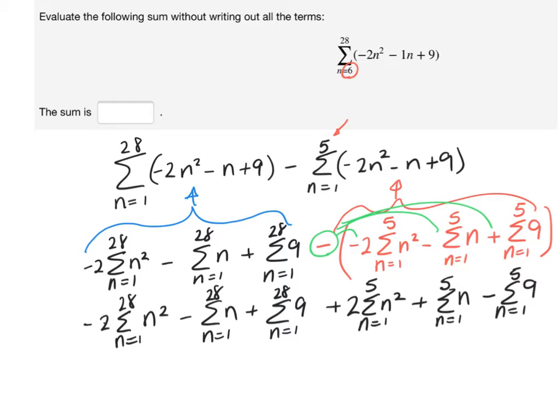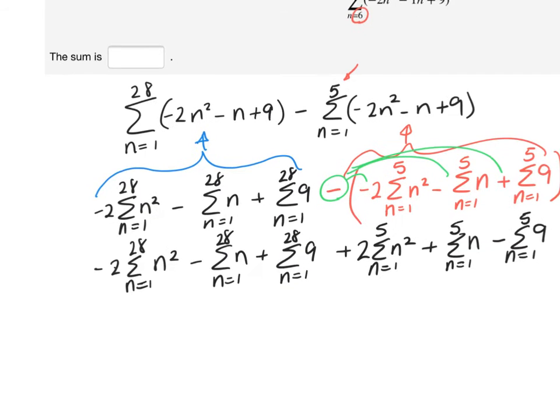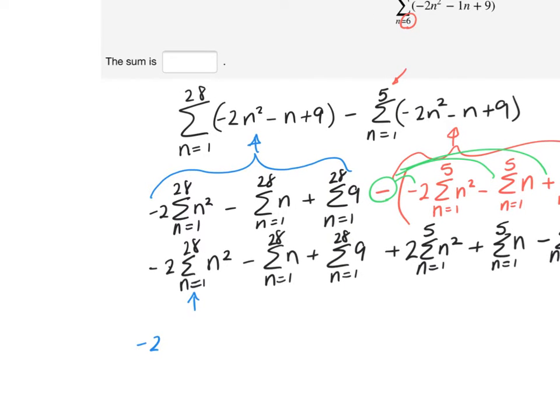And then I can use those summation formulas and put in 28 or 5. So let's go ahead and just do the first one. This first one is negative 2. The formula for the n squared, I believe, was n plus 1, 2n plus 1, all divided by 6.